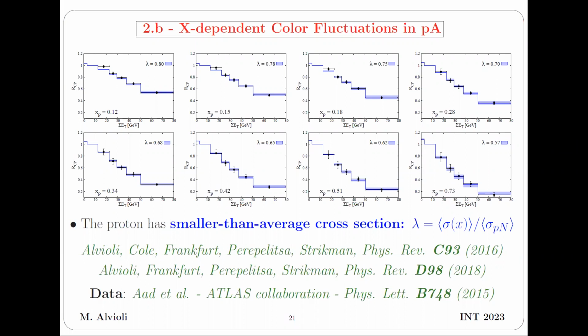And we got this nice agreement here, with the conclusion that in this type of data, the proton has a smaller than average cross section, confirming that the color fluctuation description is a reasonable description.